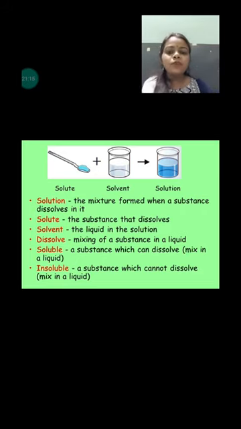Suppose we keep salt in water, so salt is the solute, whereas water is the solvent, and after mixing both, that becomes the solution. The solution is the mixture of solute and solvent. Solute is the substance which dissolves into the liquid, and the solvent is the liquid which dissolves the solute.